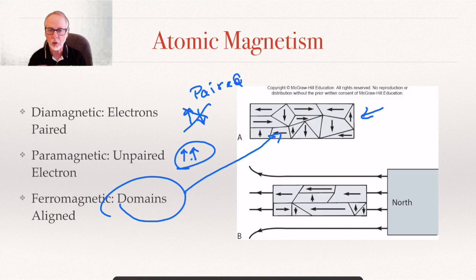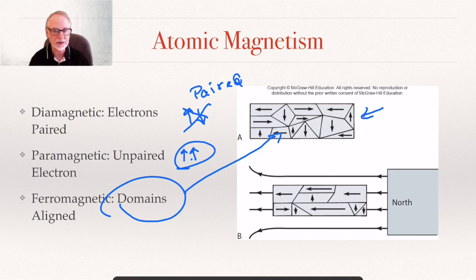But how do we orient them? We bring them in proximity to a permanent magnet, and that magnet causes them to orient themselves more or less in the same direction. At least the net result is that we get a magnetic field in that same direction. And those domains will retain that orientation after that magnetic field is removed.